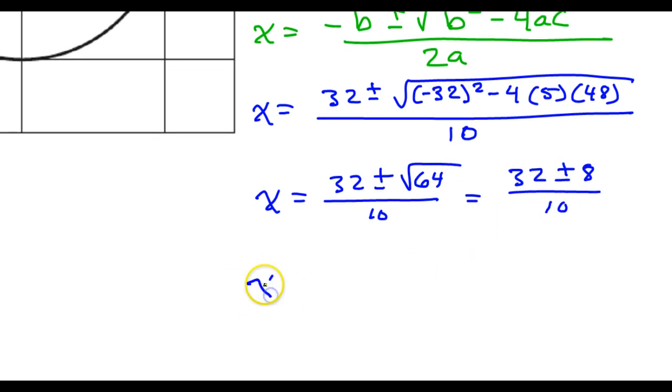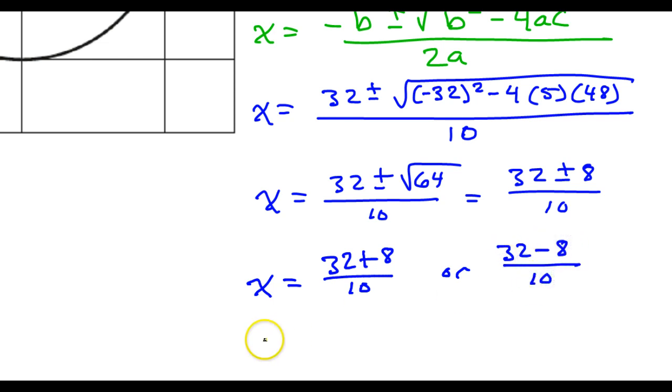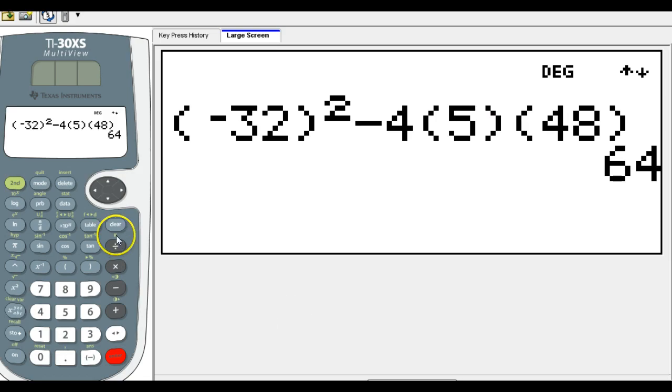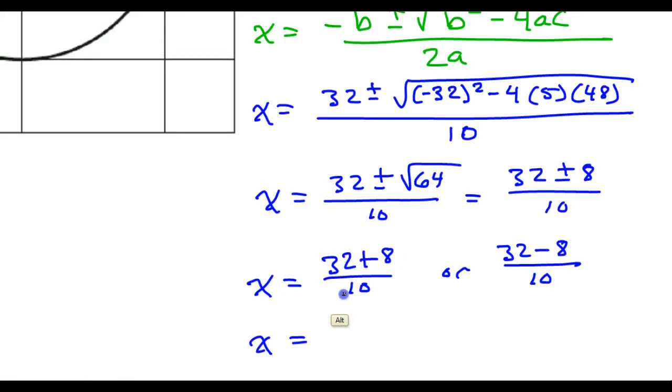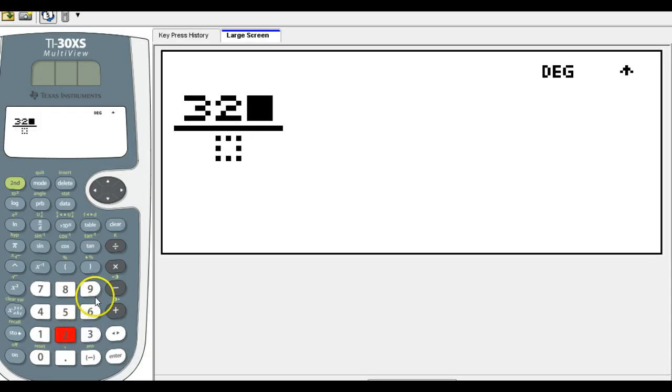Okay, so let's split that apart so we can get two separate answers. This means 32 plus 8 over 10, or 32 minus 8 over 10. So let's get the two answers from that. A lot of this you could do in your head, but I'm just going to go straight to the calculator this time. 32 plus 8 over 10.